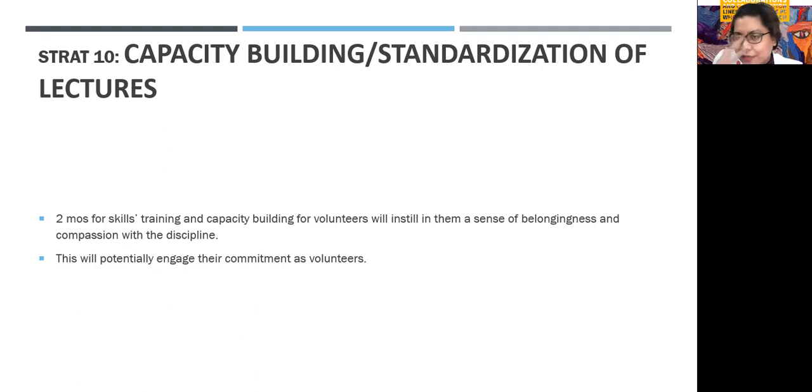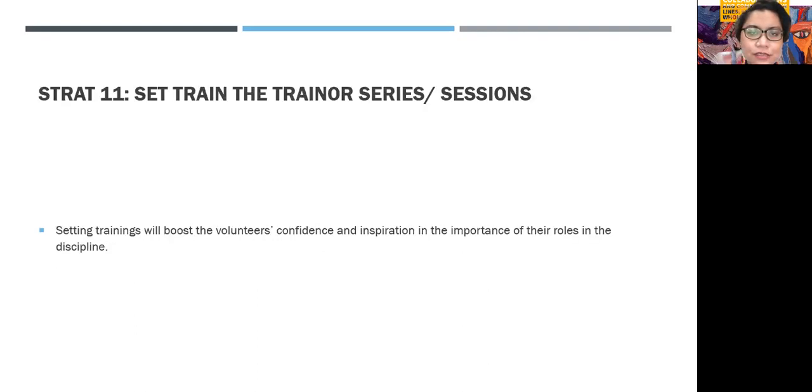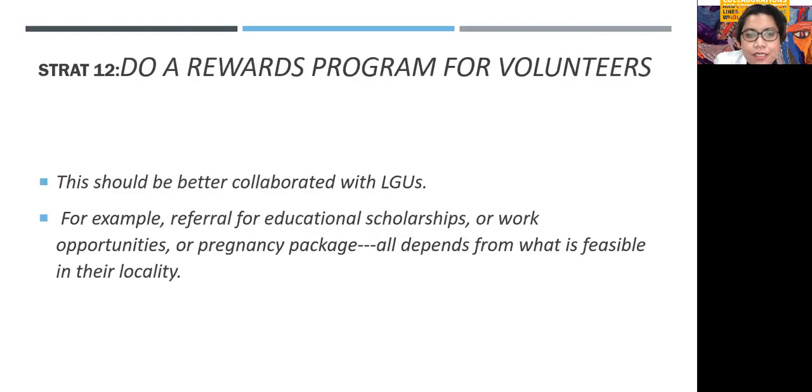So as you can see, there are also caregiver trainings that are necessary. Okay, so train the trainer series sessions. Setting trainings will boost the volunteers' confidence and inspiration in the importance of their roles in the discipline.